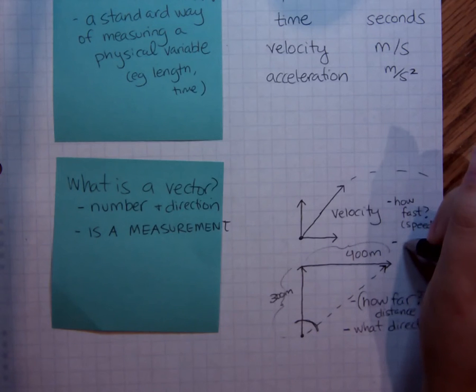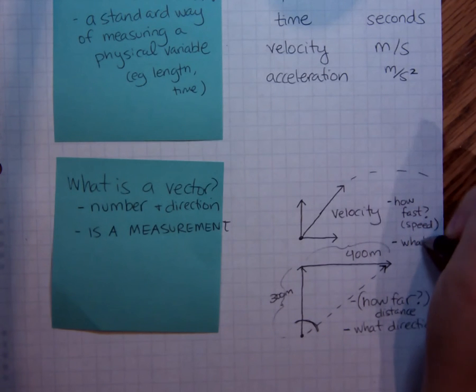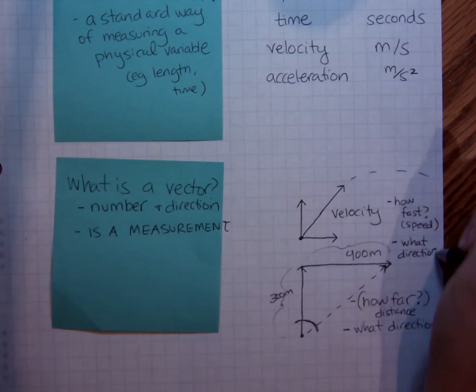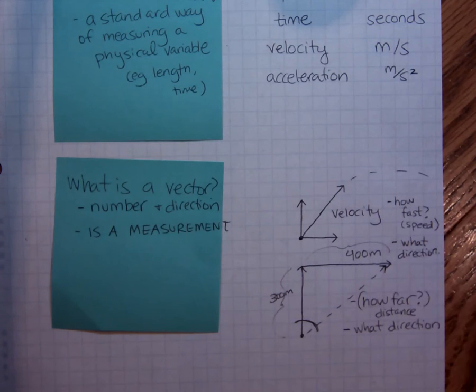But you also need to know in what direction. If you guys are having trouble with this concept, I urge you to go and look at other internet resources to help you figure it out. Alright.